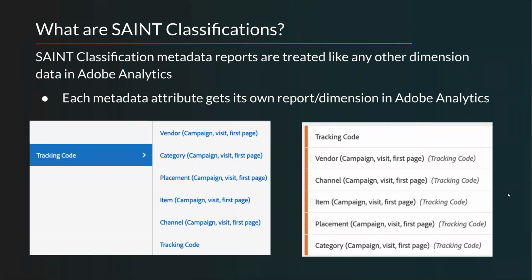All of those are treated as separate reports in Adobe Analytics. And here on the left, I'm showing the old interface, and on the right, I'm showing it in Analysis Workspace. In Analysis Workspace, you'll notice at the far right, there's a little indicator that tells you what the actual root variable is, that those are all metadata attributes of tracking code.